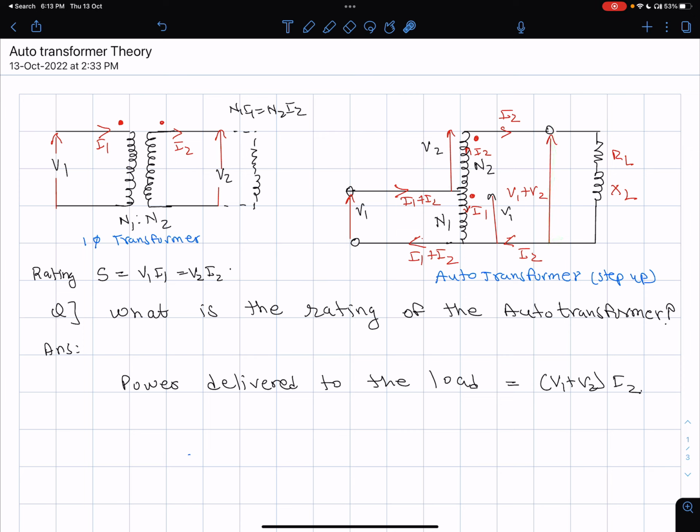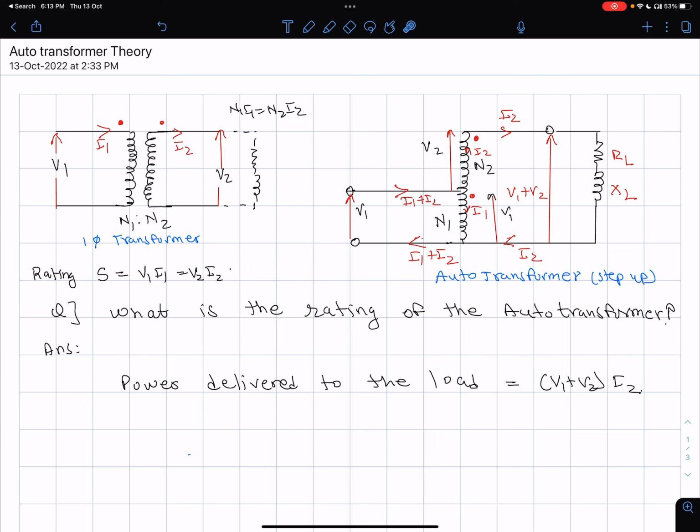Let's say this is the secondary winding, this is the primary winding. The secondary winding is rated to carry current I2, so a correct value of load has been put so that it is delivering the current I2 to it.